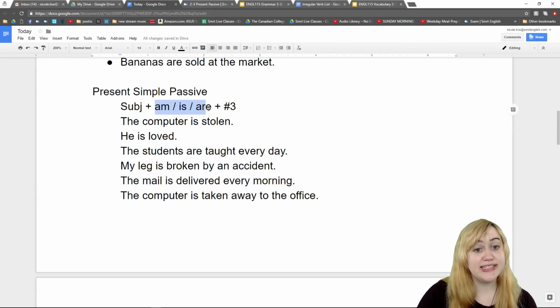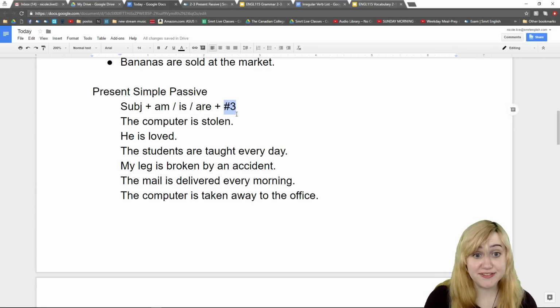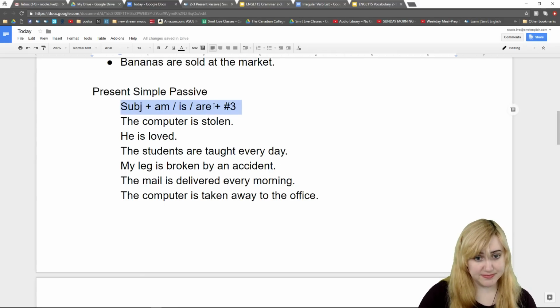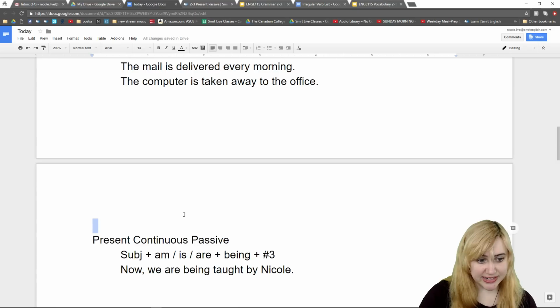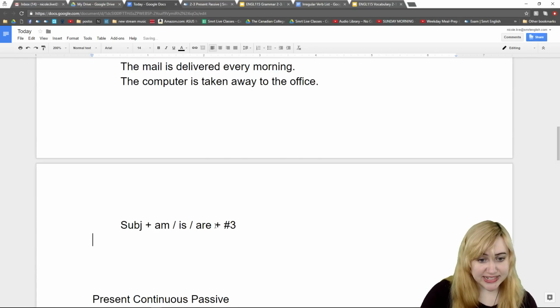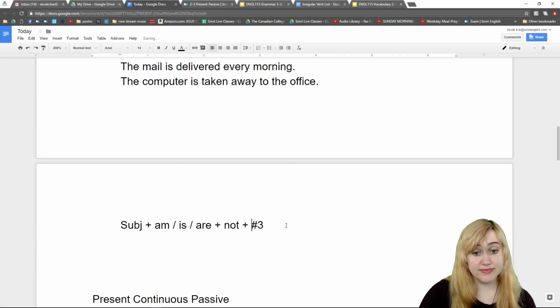Subject plus am is are plus verb 3. This is how we make positive sentences. If we want to make negatives, I'll put that down here. For negative sentences, we just add not before our verb 3.